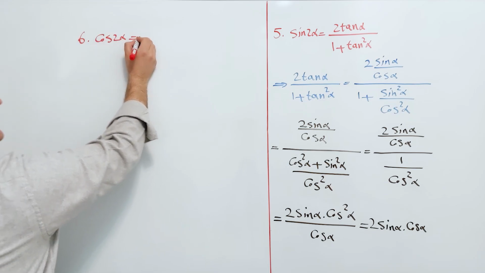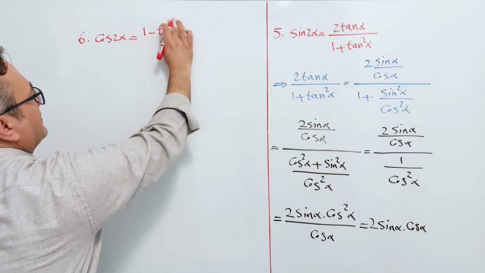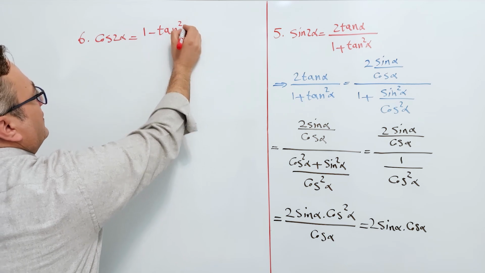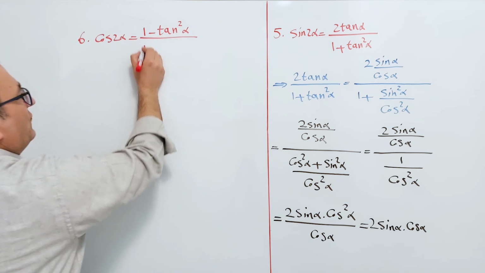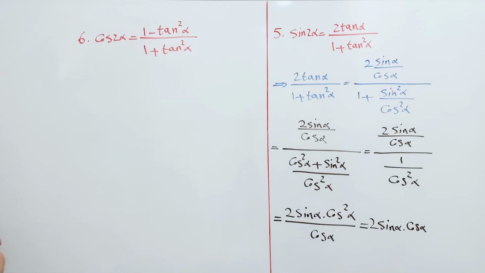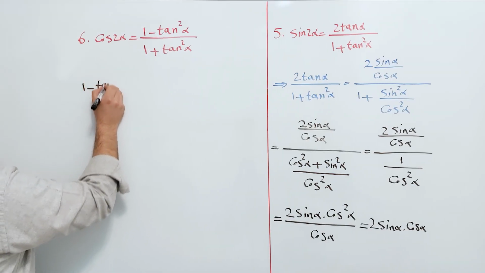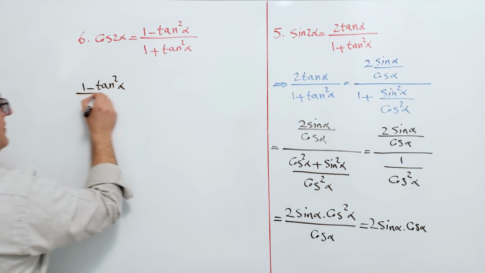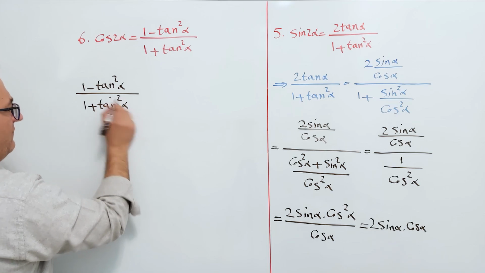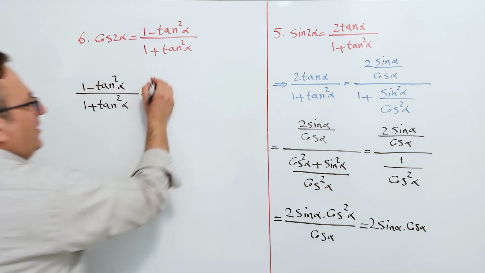cosine 2 alpha is equal to 1 minus tangent squared alpha divided by 1 plus tangent squared alpha. But why and how? Because 1 minus tangent squared alpha divided by 1 plus tangent squared alpha is equal to... We expand the tangent in this formula.